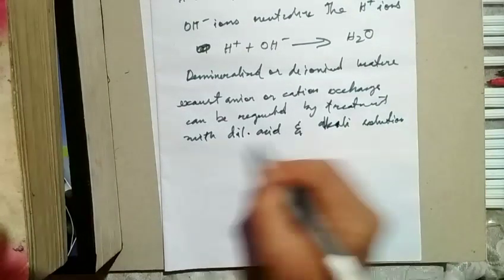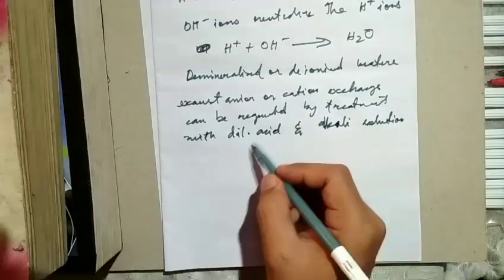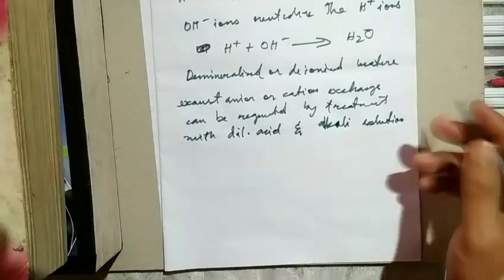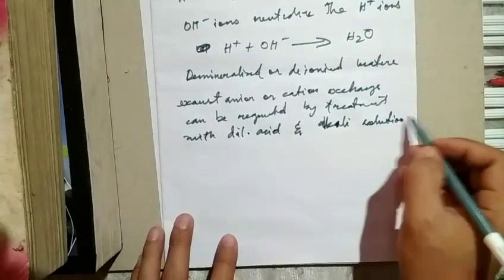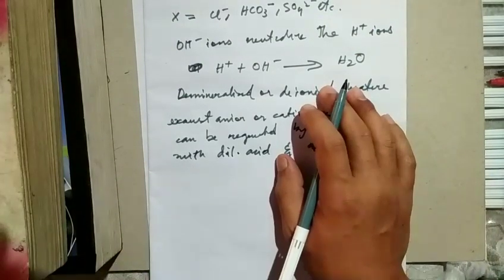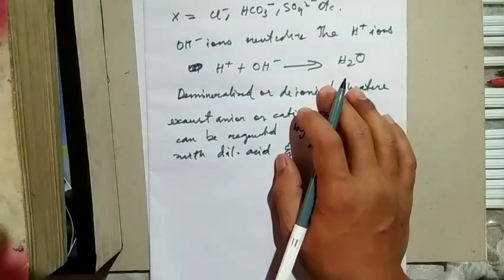Dilute HCl and so on for the acid, and NaOH for the alkali. So with this we come to the end of this topic.